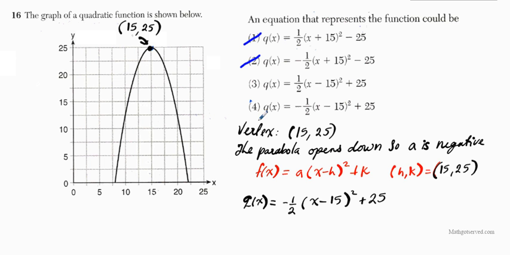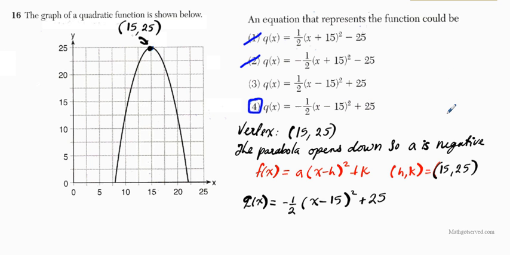So since it opens down, that tells us that a is going to be negative. So we can clearly see that the answer is option 4 because we have a sad parabola opening down, negative, with the vertex of positive 15 and 25. So answer is option number 4.